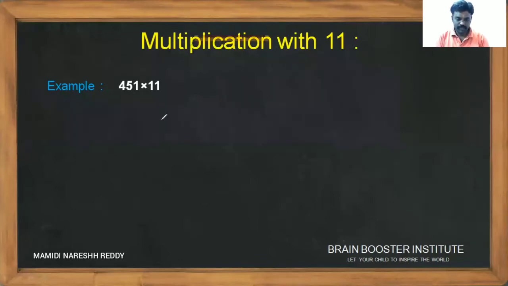Here, as per the first step, I am taking only the extremities of 451. Extremities means the first number and the last number, your ones digit and hundreds digit. As the product has four digits, that's why I'm giving two spaces here.